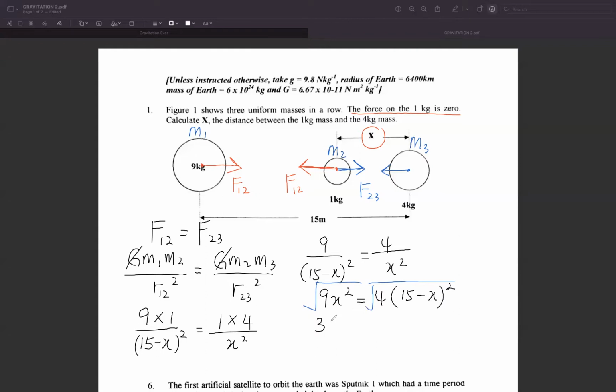I get 3x equals to 2 times (15 minus x). That is 30 minus 2x, and 5x equals to 30. So x is 6. Okay, 6 meter.